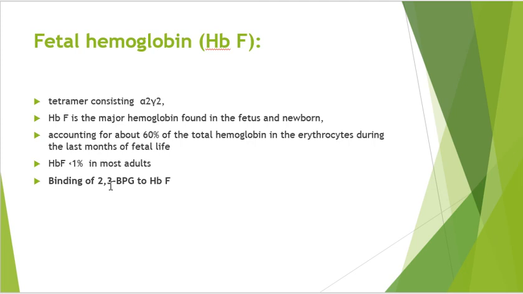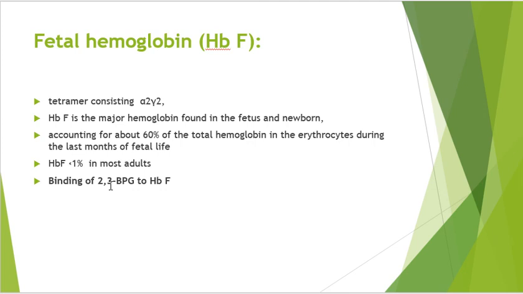The gamma globin chains of hemoglobin F lack some positively charged amino acids that are responsible for binding to 2,3-bisphosphoglycerate in beta globin chains. Weaker interaction between 2,3-bisphosphoglycerate and hemoglobin F results in a higher oxygen affinity for hemoglobin F as compared to hemoglobin A, or adult hemoglobin.